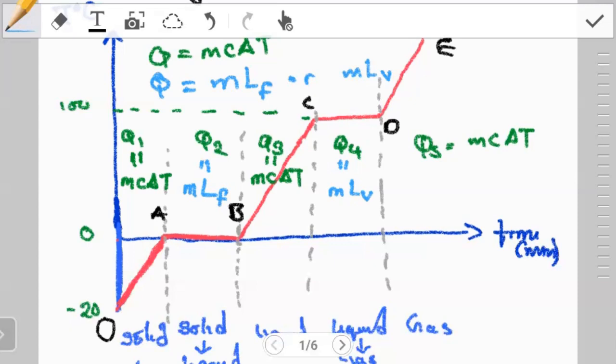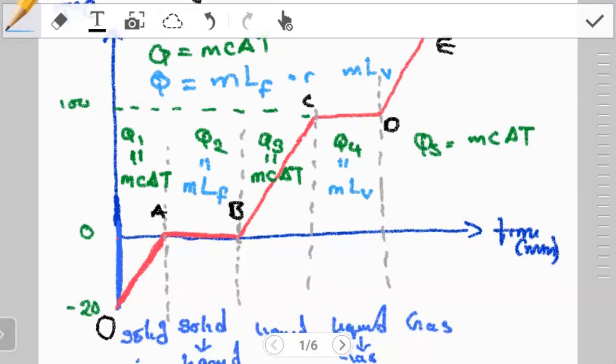Now, most questions that we're going to deal with will not just depend on one substance. Mostly you're going to have two substances that are being mixed, and then you want to see how the heat amounts are fluctuating with time for each object.